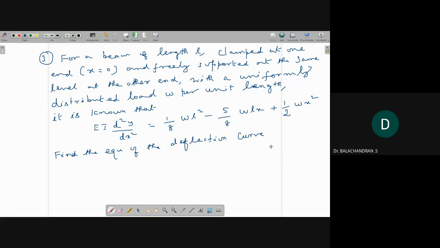Find the equation of the deflection curve, okay, full stop, and find the point in which maximum deflection occurs. Okay, this is the question.